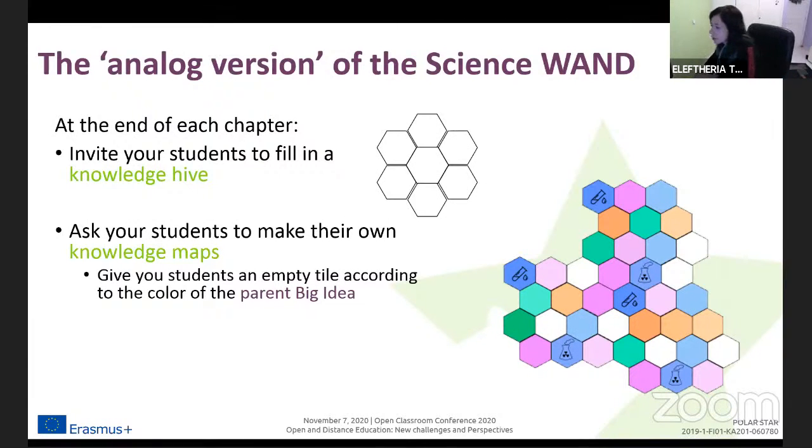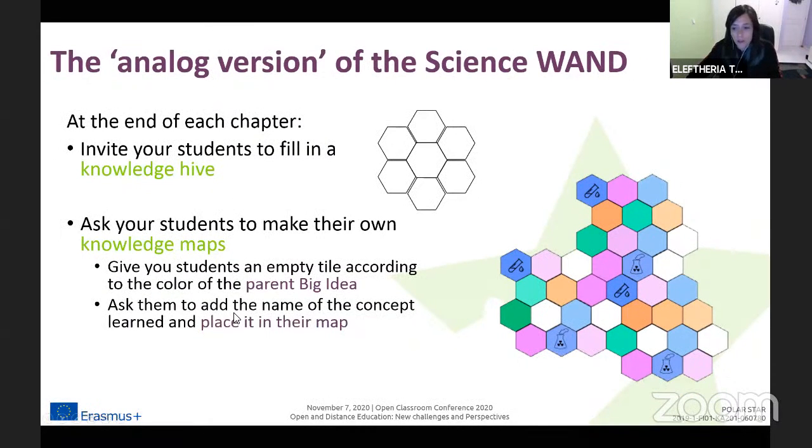So eventually what is going to happen as they add elements to their map is that you're going to see this multicolored, beautiful map, which depicts in a very nice way the interdisciplinary nature of science and how all these things are blended together.